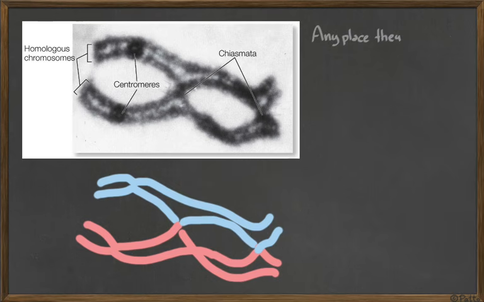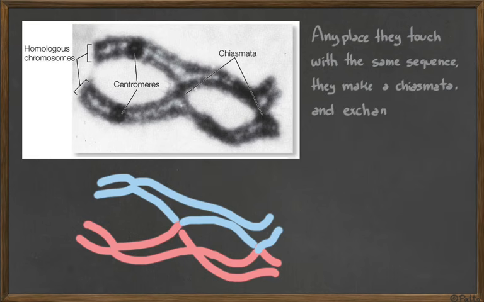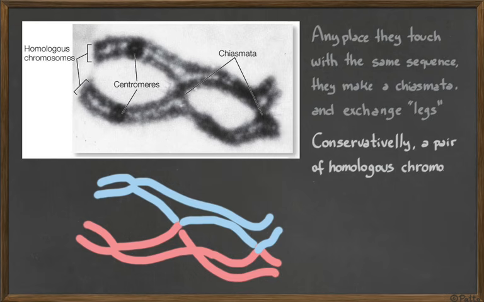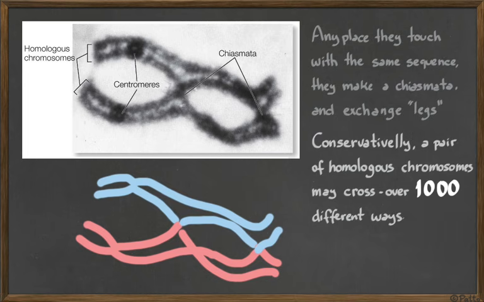Any place where they touch, where they have the same kind of sequence, they form this chiasmata and end up exchanging legs. This is the consequence of crossing over. Conservatively, a pair of homologous chromosomes may make up to 1,000 crossing overs, making 1,000 different ways of crossing legs and getting different parts exchanged between them.